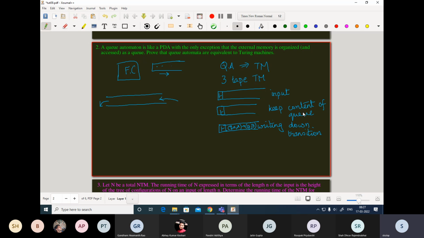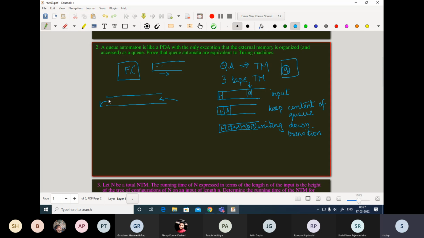So currently your finite control has Q. You are at state Q and your tape head on your input tape is reading A. And suppose the first thing that you're seeing is A. So that's why you are writing Q A A going to some P beta.